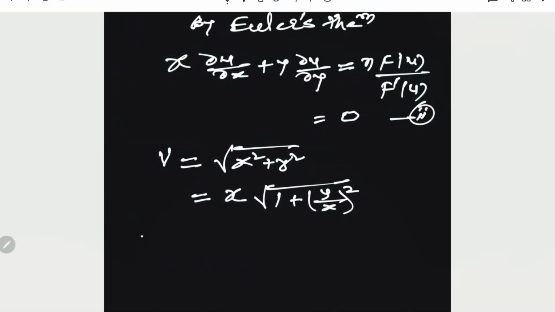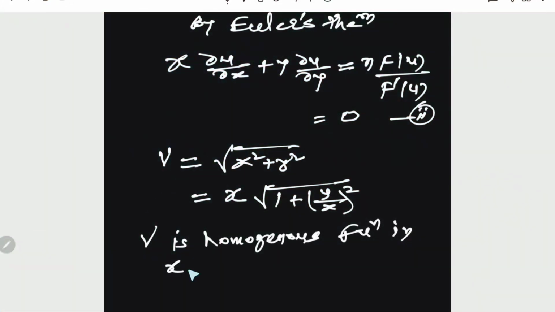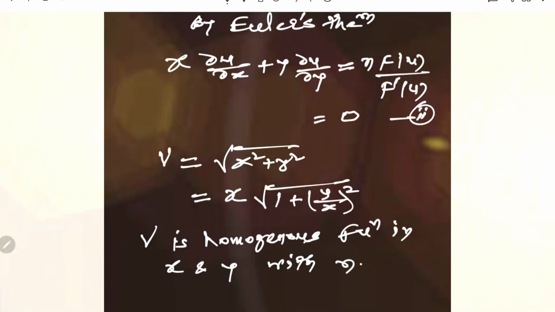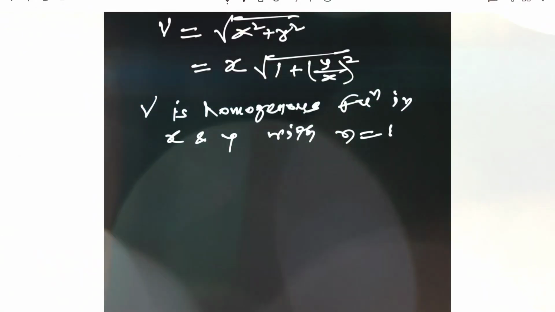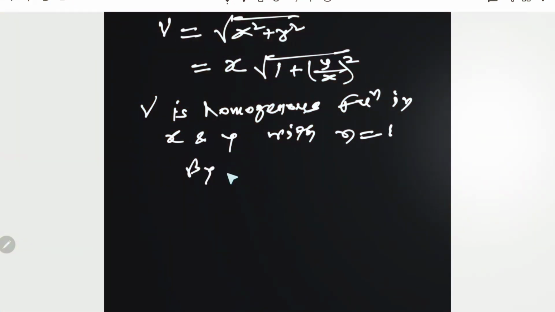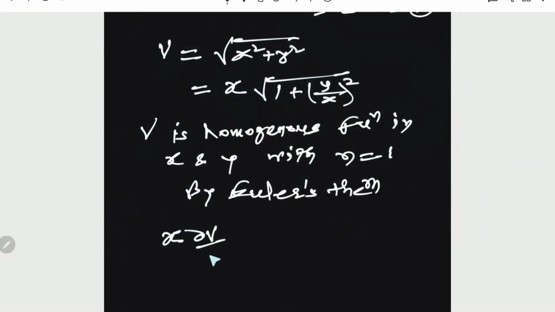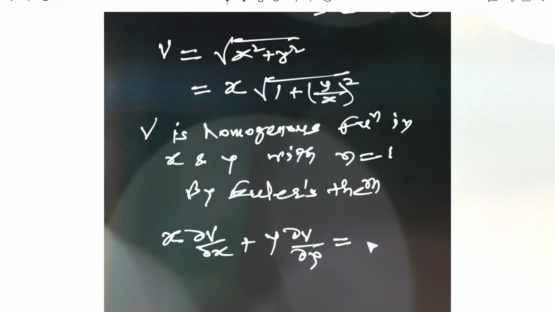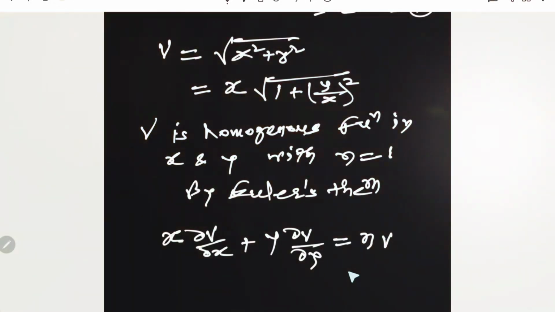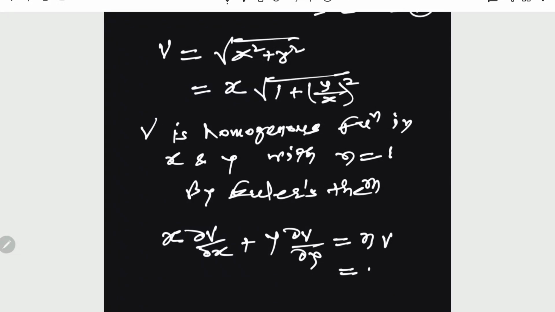And therefore v is homogeneous function in x and y with degree n equal to power of that x. Here n is 1. And then by Euler's theorem we get x into dou v by dou x plus y into dou v by dou y is equal to n into v. The value of n is 1, therefore 1 into v we get as v, and we call this equation number 3.